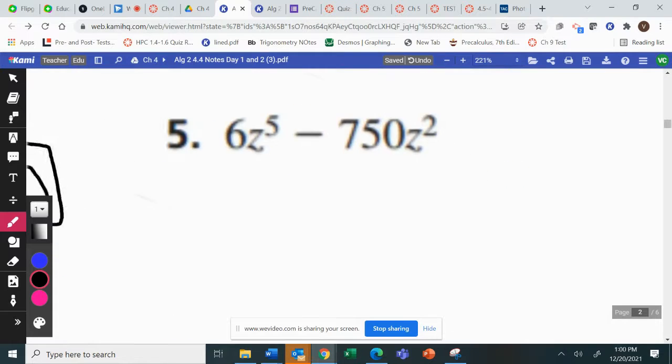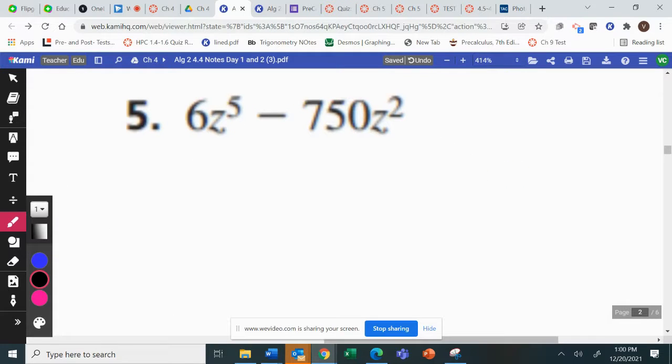Number 5. 6z to the 5th minus 750z squared. Celia, what should we do first? Greatest common factor. What is it? Or do you know? Take a guess. Are they both even?